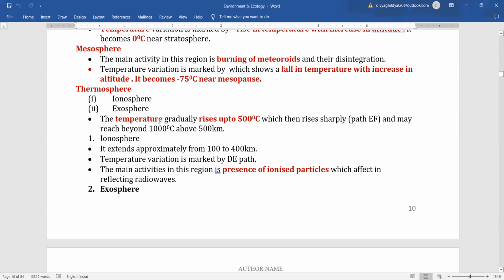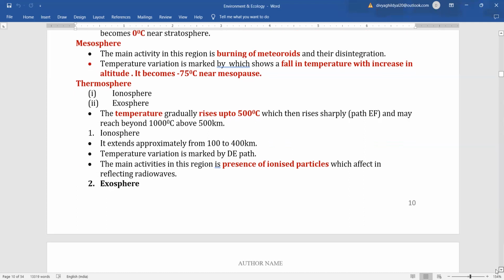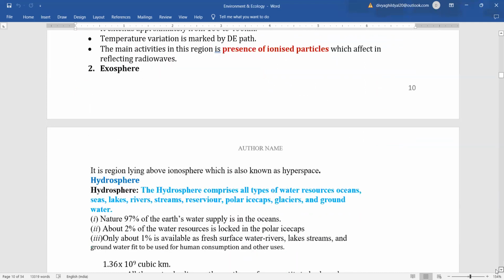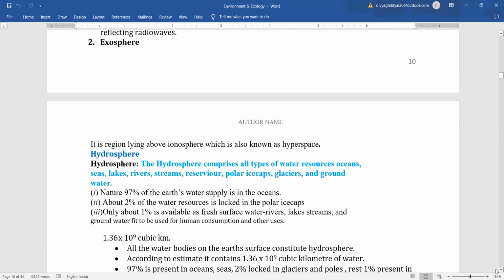So ionosphere comes from the formation of ionized particles, that is the plus and the minus. Exosphere is a region lying above the ionosphere, which is known as hyperspace.